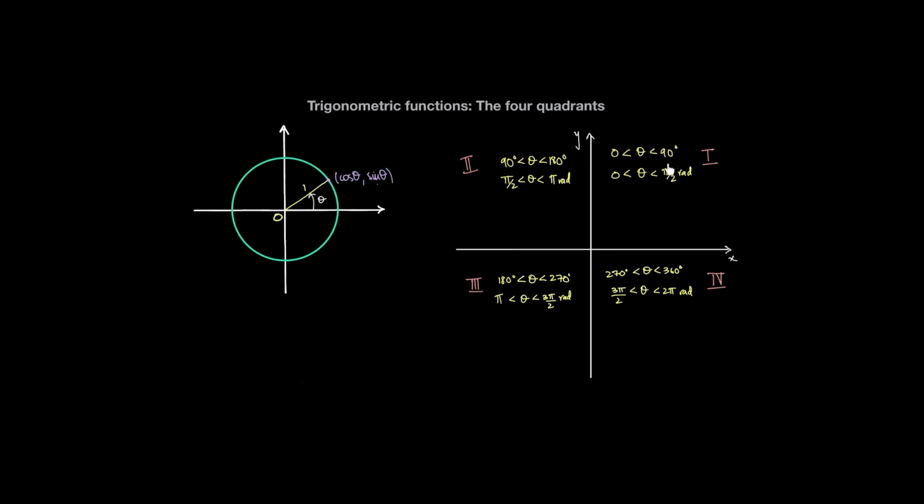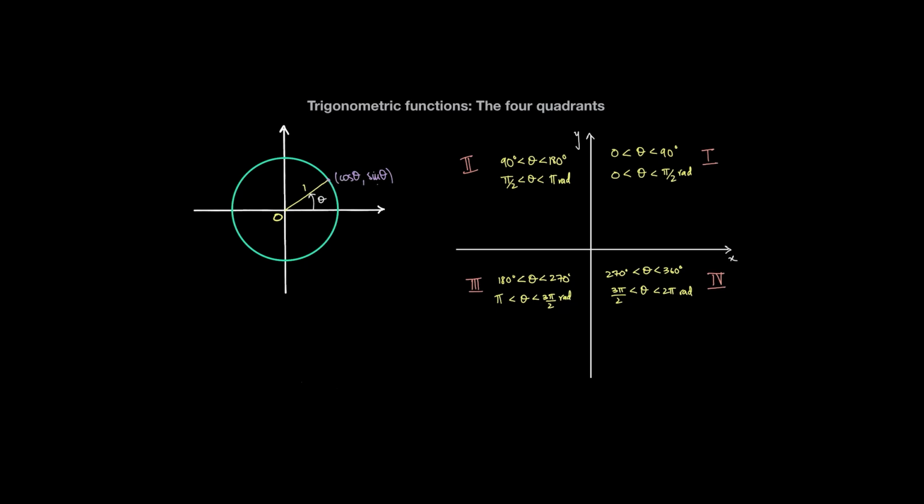Now if we divide this Cartesian coordinate system, the x and y coordinate system, into 4 equal parts, we say that the first quadrant is where theta is between 0 and 90 degrees. In the first quadrant, the cosine of theta, that is the value of the x-coordinate, is a positive value.